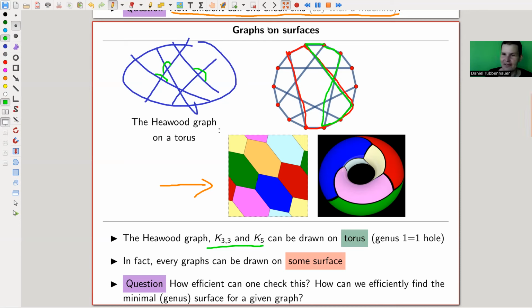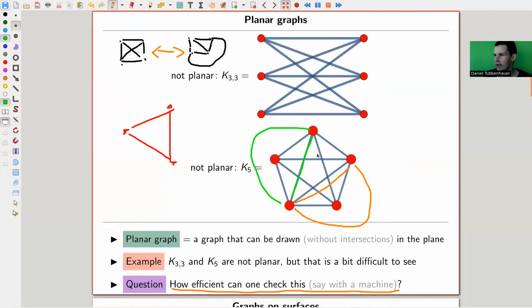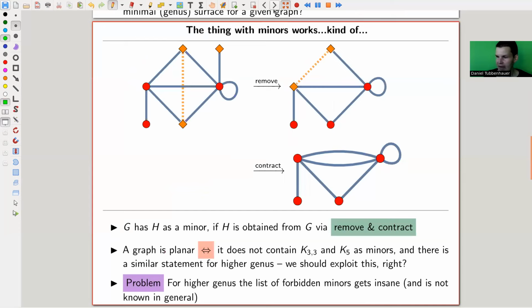Turns out that there's a very nice answer. Kind of complete generality. It's ridiculous. Anyway, the thing that works is the following idea. You can have this idea of forbidden minors for planarity, for example. The graph is planar if and only if it doesn't contain our good old friends from before, this one and this one, as minors, which is kind of easily checkable in some sense.